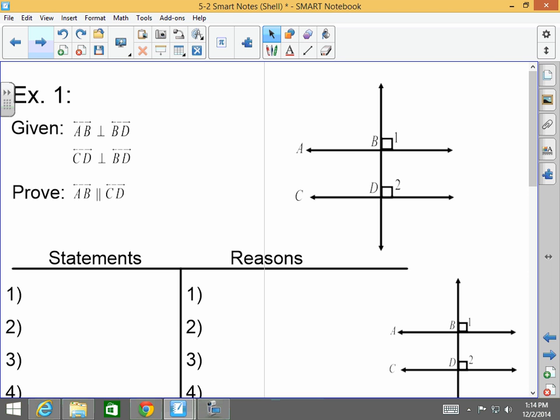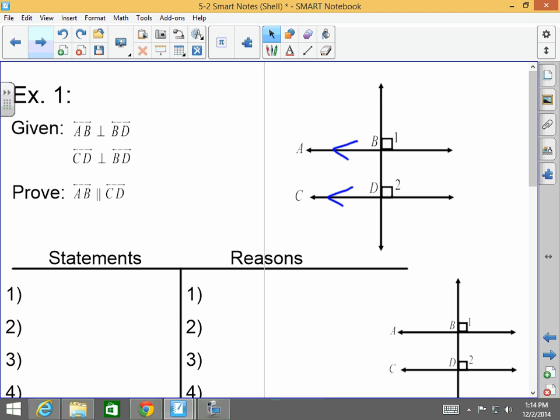I want to prove that this line is parallel to that line. Now, we could immediately say, whoa, isn't this corresponding? Yeah, we could immediately say, if corresponding angles are congruent, then by the converse of the corresponding angle theorem, the lines are parallel. But I'm going to show you why.